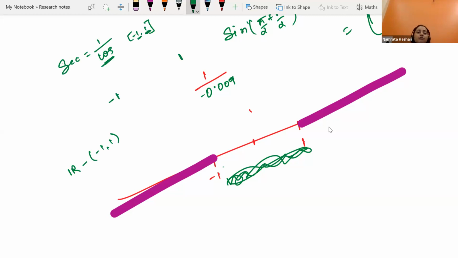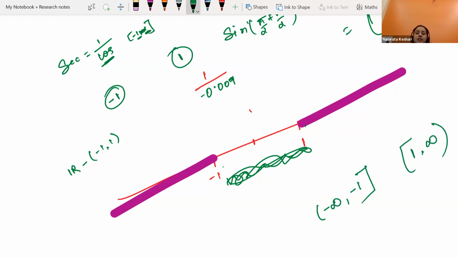If we take any number in between, sec will generate a result in this purple zone. So minus 1 can come, 1 can come, but anything in between will never come. We also write it as from negative infinity to negative 1 closed, and from 1 to infinity. This is the range of sec and cosec function.